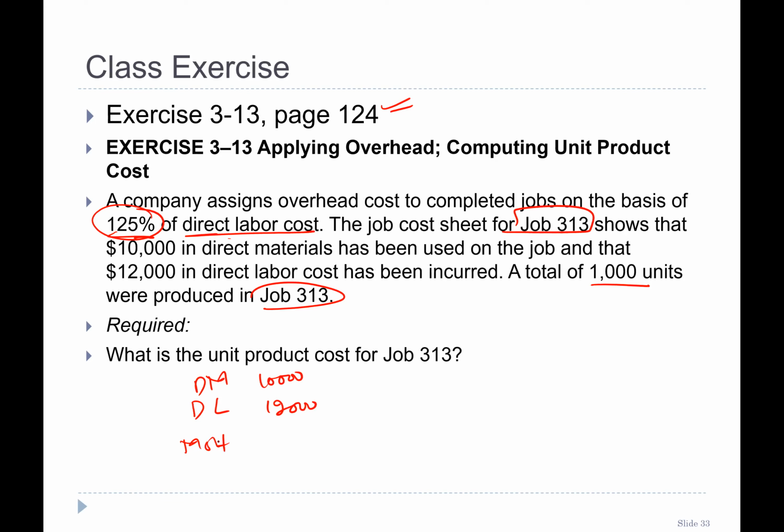Manufacturing overhead. How do we calculate this? It is 125% of direct labor cost. How much is the direct labor cost? Direct labor cost is 12,000. So 12,000 multiplied by 125% is 15,000.